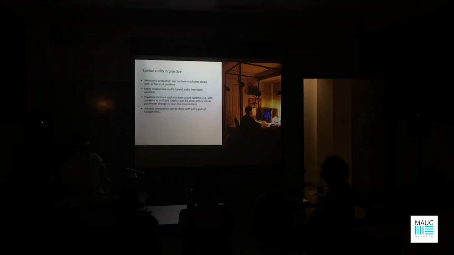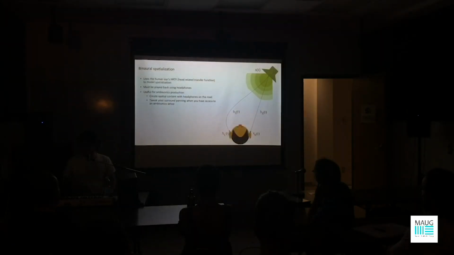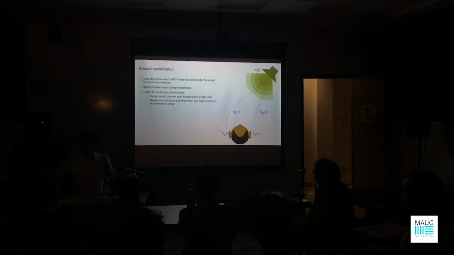So again, a lot of people are doing their own spatial audio rigs at home. This is what one could look like. And then with binaural, this is something that's really cool about Ambisonics, is that it nicely decodes to stereo binaural using what are called HRTFs, which are head-related transfer functions.